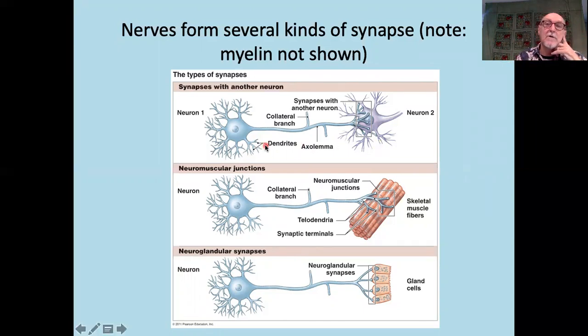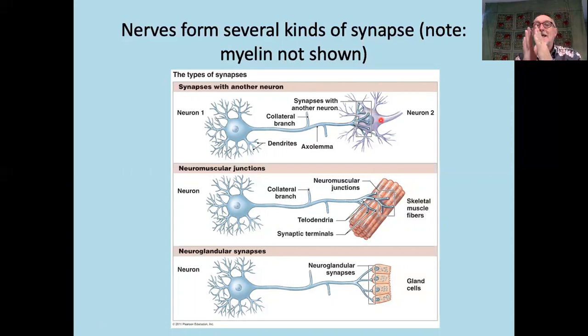So this is how nerve cells communicate with one another. Again, here's the cell body, here are the dendrites. Our nerve impulse is running in this direction here. And here are the axon terminals here. And the axon terminals are close to another nerve there, but it's very important to realize that the nerve impulse cannot just jump from one cell to another.